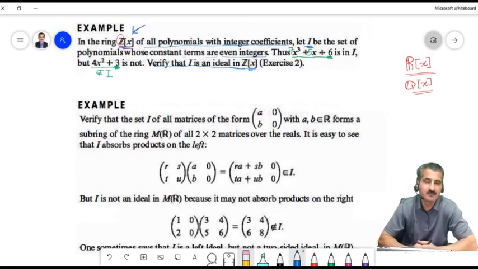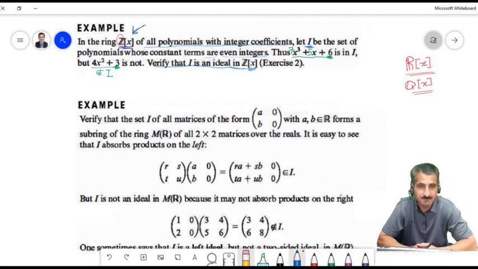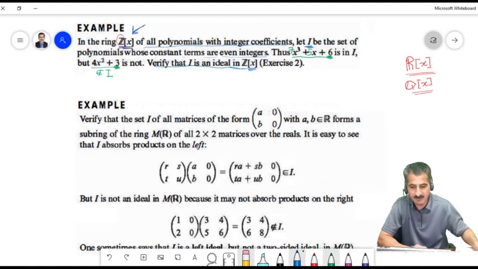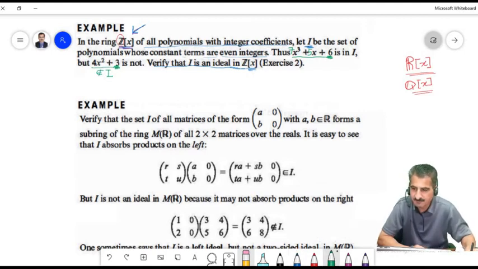Now, how to prove an ideal so far? First, prove the given set is a subring. And how to prove a given set is a subring? I will write the outlines for proving this. So to prove I is an ideal, we need to show first that it is a subring.